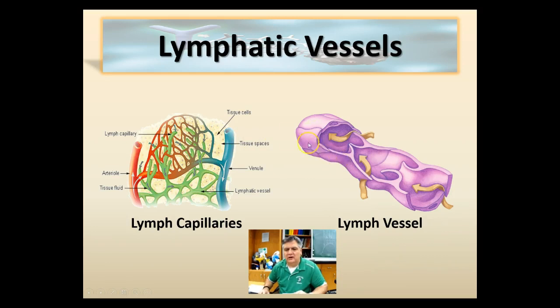Over here on this side, we have an enlargement of a lymph vessel. We can see the lymph vessel has thin walls and it has one-way valves, and so that keeps the lymph moving in a single direction, back toward the heart. Eventually, the lymph is going to be dumped into those two large collecting ducts just outside the heart and return to the blood circulatory system.